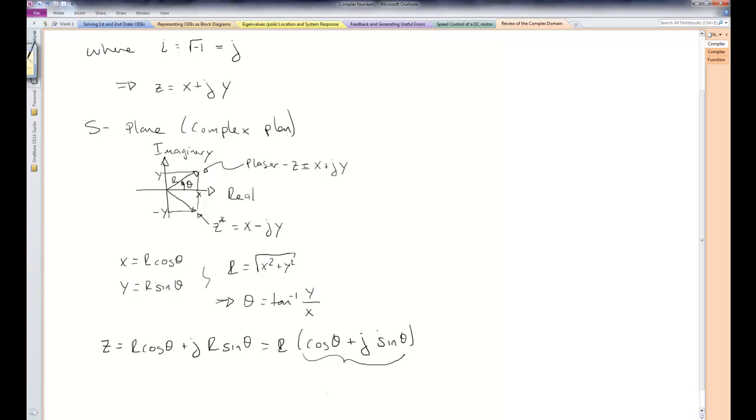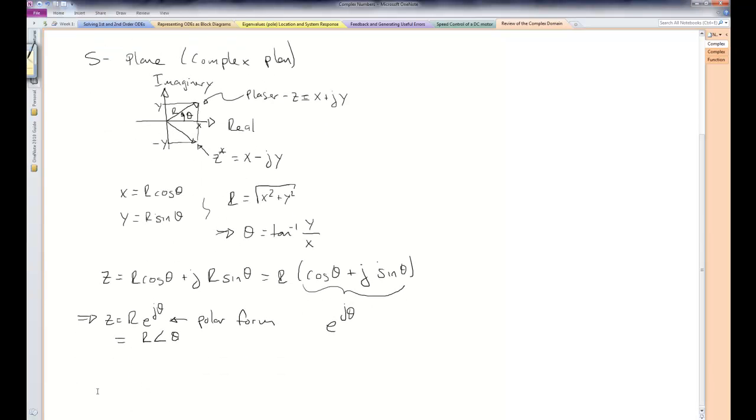Euler showed that this expression, cosine theta plus j sine theta, is just e to the j theta. And so that means we can write z as r e to the j theta. This is known as polar form, because it's really a polar coordinate system. R is the distance, theta is the angle. Sometimes this is written as r angle theta.